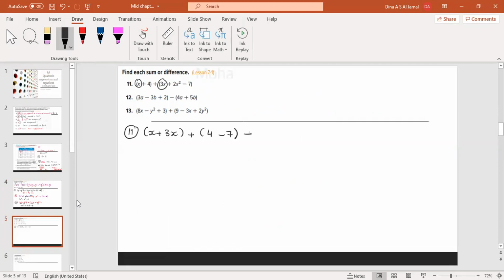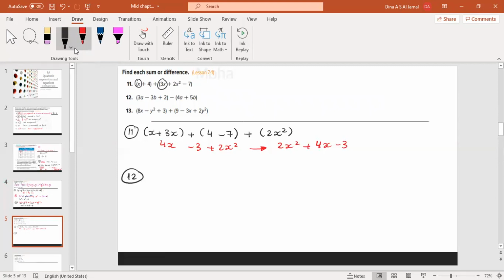Then I'm having a term alone, which is 2x squared. So let's now organize it after getting the answer. So 4x minus 3 plus 2x squared. This is not in the standard form. So put it in the standard form. 2x squared plus 4x minus 3. Good.